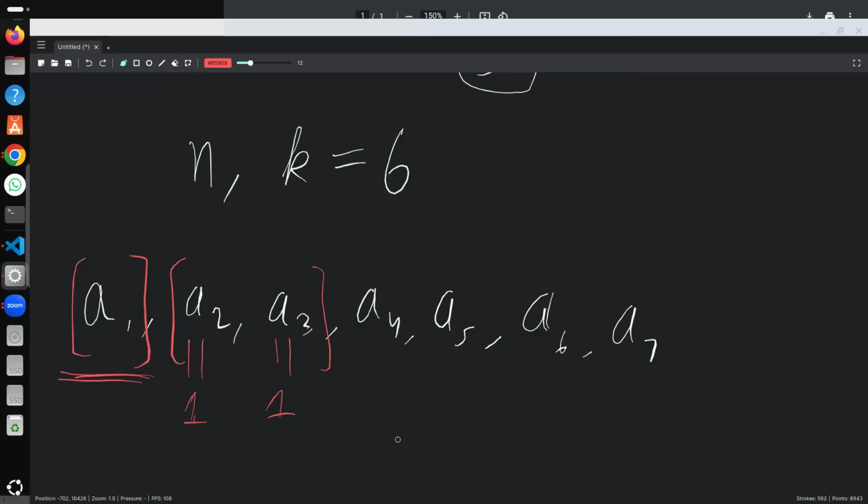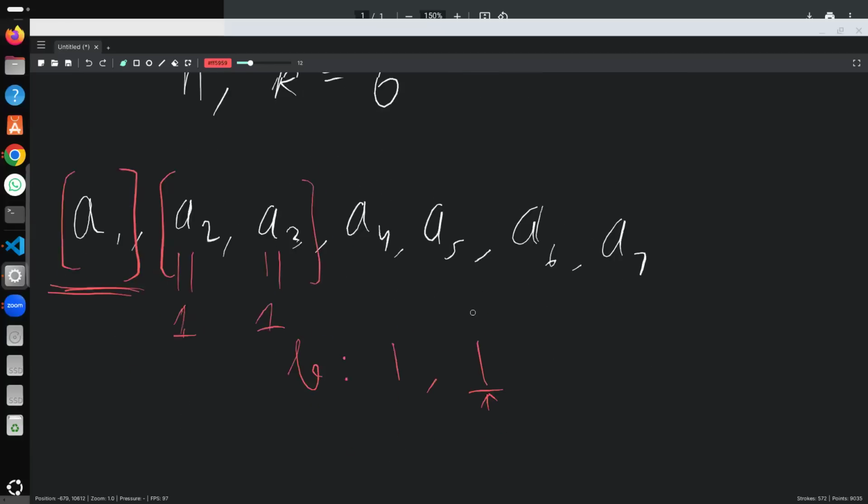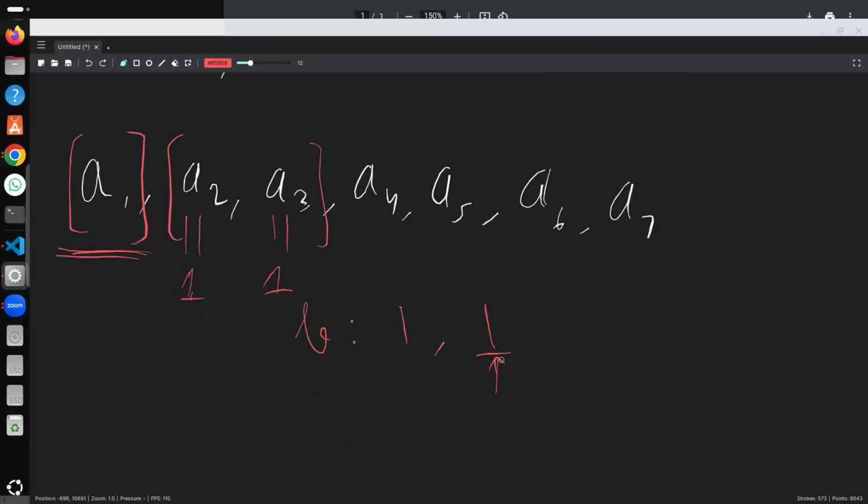So the array B will have 1 and 1 as the first 2 elements. So at the second index, you can see that it is not equal to 2. So the score is 2, right? Basically, we were not able to make the score equal to 1, and we are able to make the score equal to 2. So therefore, the answer is 2. The minimum score that we can obtain is 2.